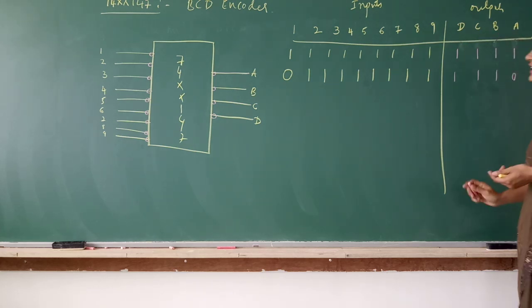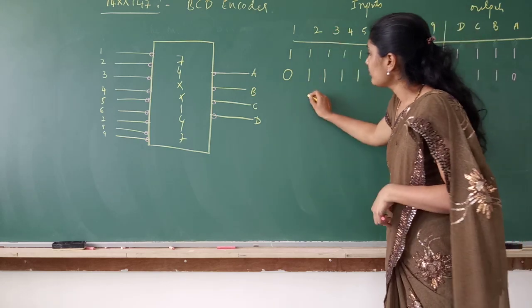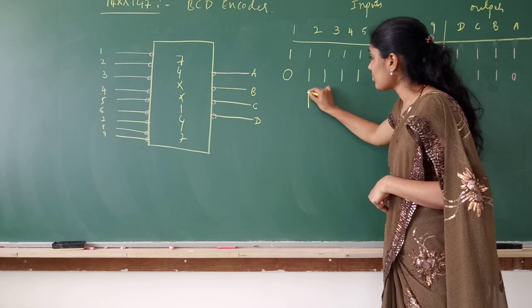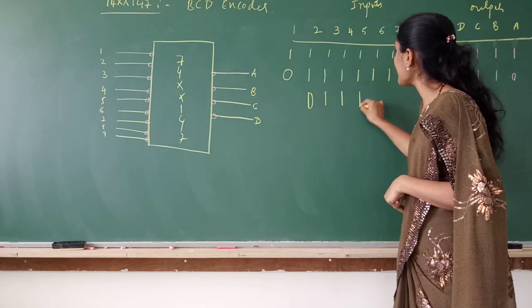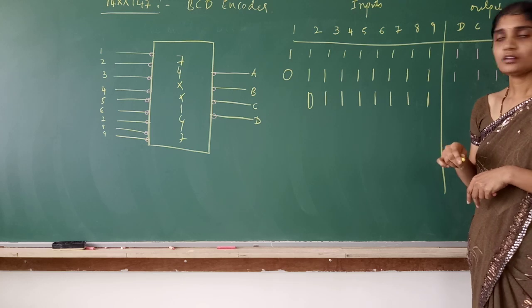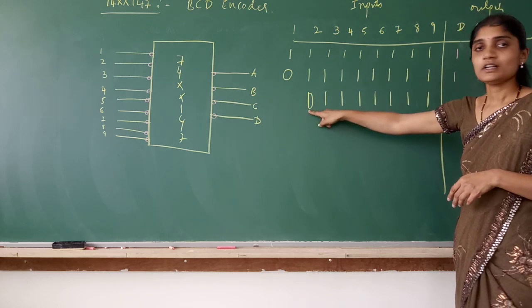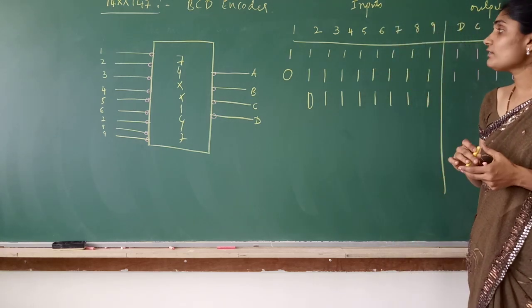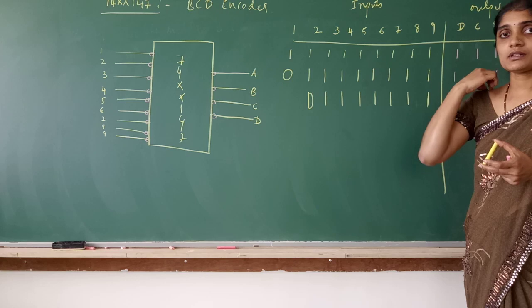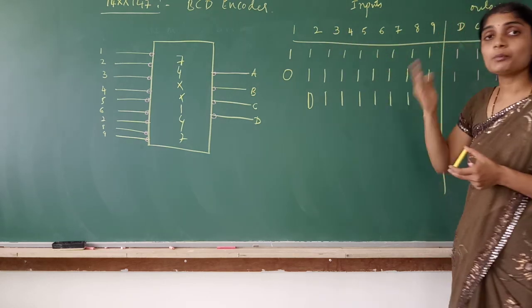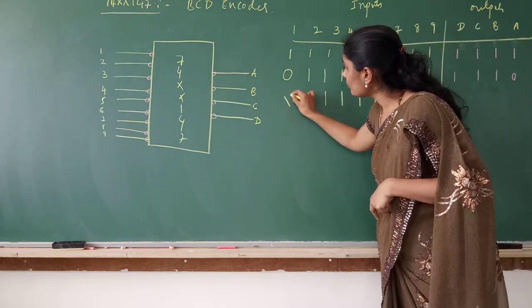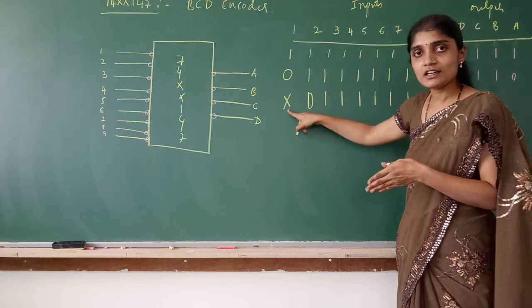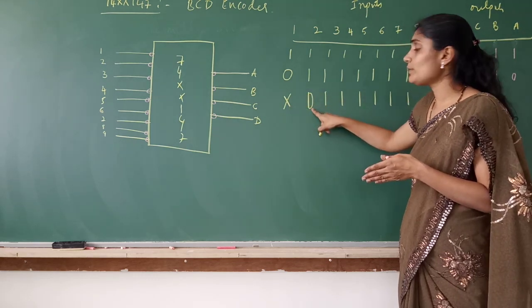Next, if line 2 is active and the remaining lines are not active, only input 2 is active. What about 1? This is a priority encoder where priority is given to the higher order numbers. That means even though line 1 is 1 or 0, priority will be given to 2.